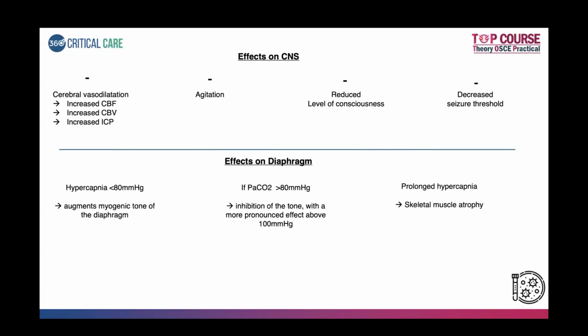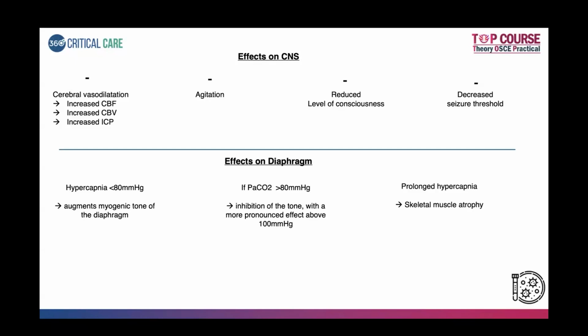With regards to the effects on the diaphragm, hypercapnia usually augments the myogenic tone of the diaphragm, that is, if PaCO2 is less than 80. But if it is more than 80, it starts to produce an inhibitory tone on the diaphragmatic muscles, which becomes more pronounced at levels more than 100 millimeters of mercury.